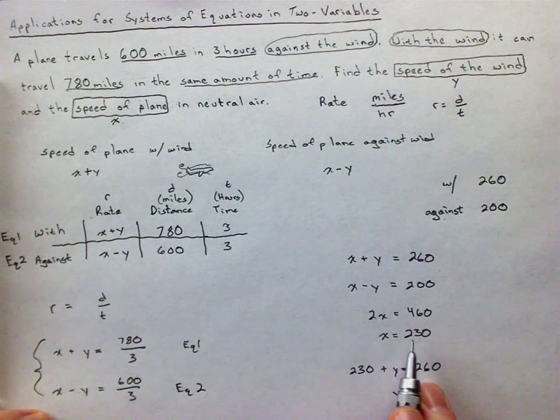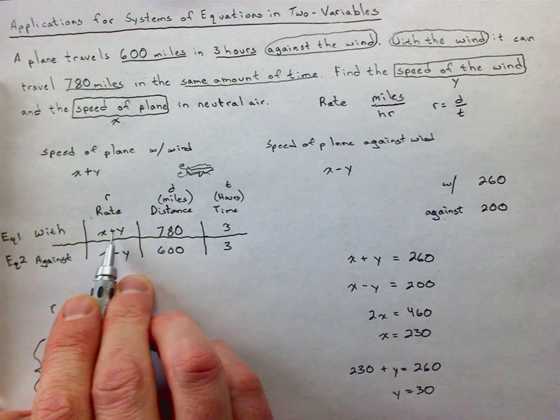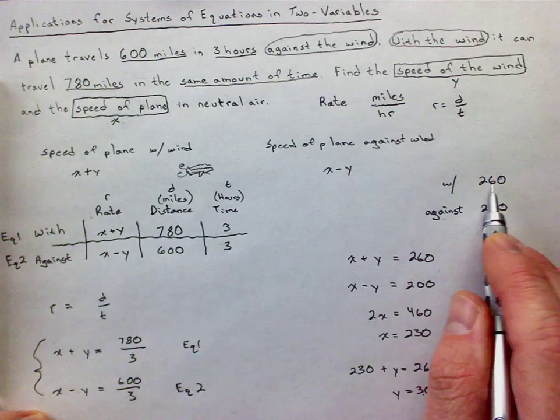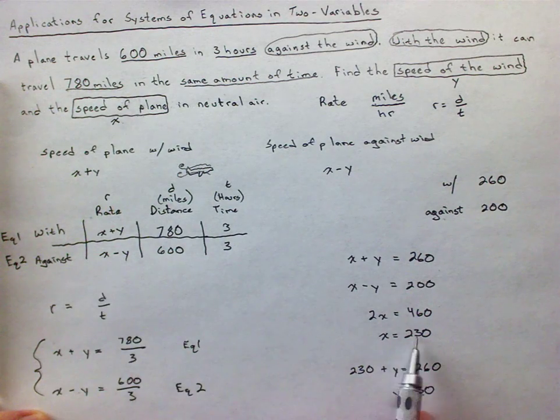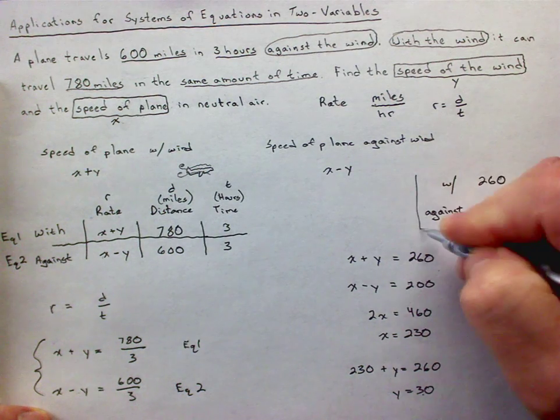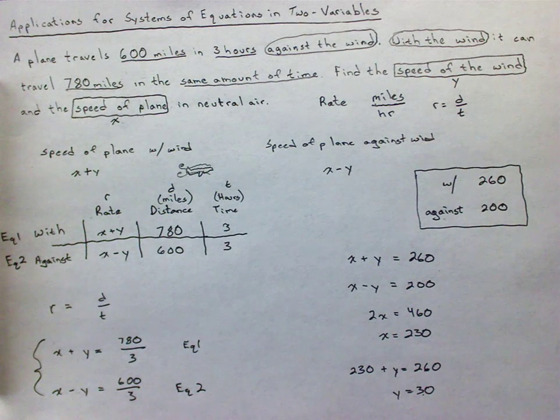I took 230 plus 30, which is 260, and against the wind I took my 230 and subtracted 30 from it. And those are my speeds, in miles per hour.